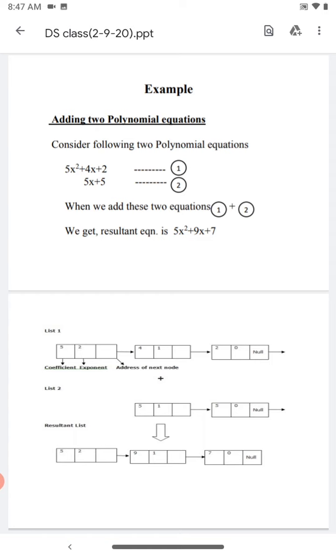Then the second terms, 4x and 5x: x power 1, x power 1.